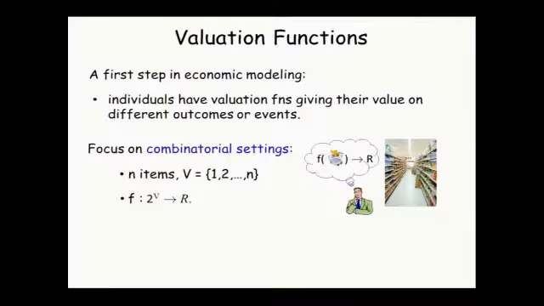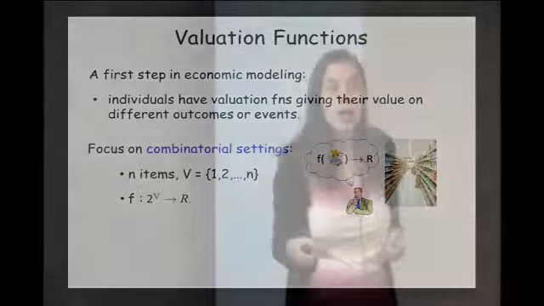In this talk, we'll be focusing in particular on combinatorial settings, where we assume that we have a ground set of n items, for instance, the items for sale in a supermarket. And then the valuation functions will be over different bundles or different subsets of the ground set that the user might be considering.